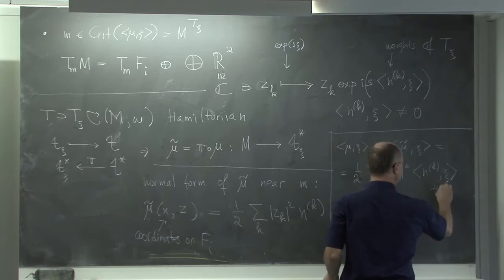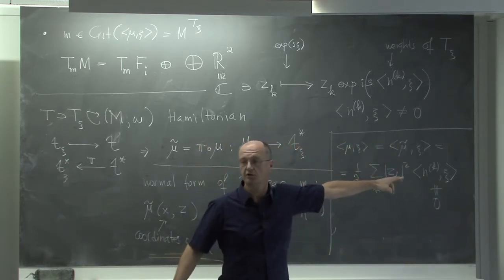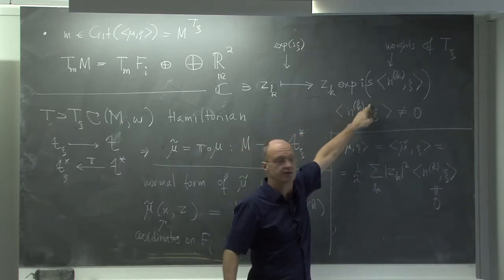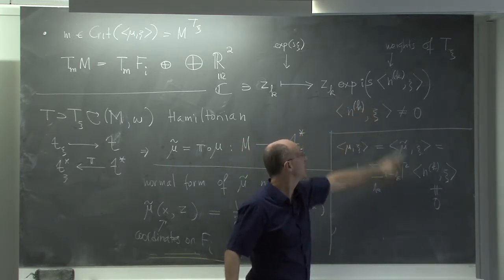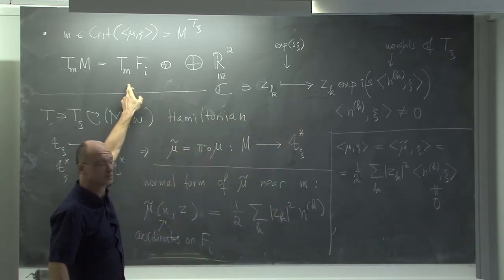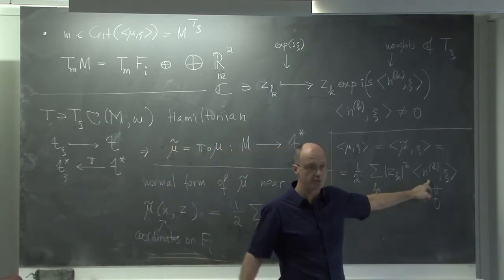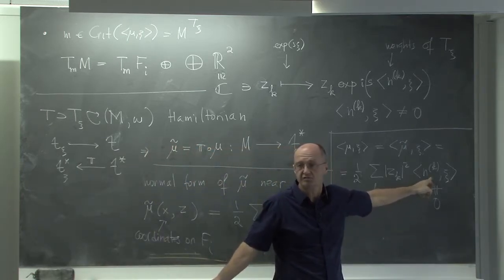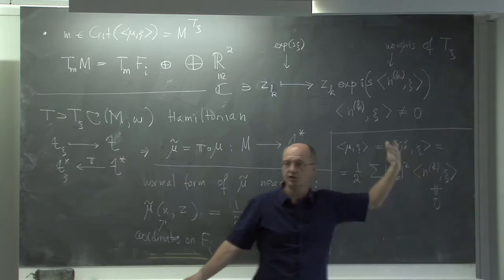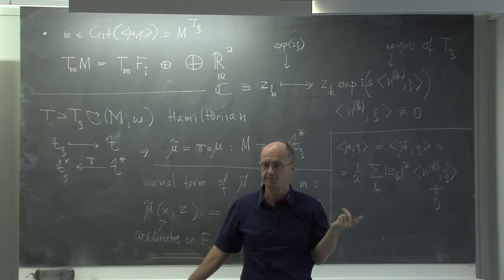And these coefficients are all non-zero, because if they were equal to 0, then the corresponding copy of R2 would have been in the critical part. Then some of them are positive, some are negative, and this decides what is the positive subspace and what is the negative subspace.